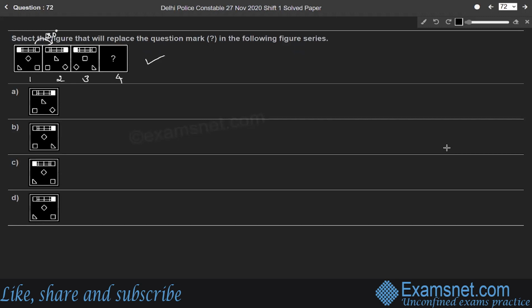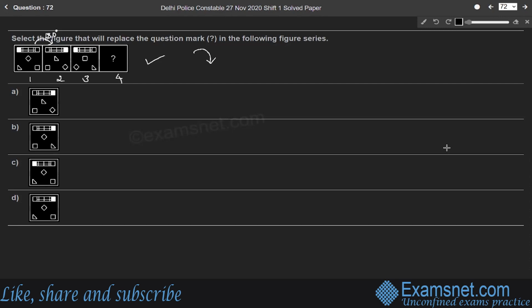So look at the other small images. Here is a diamond. The small images are rotating in the clockwise direction. In the second figure, this diamond will come to the bottom right corner, and in the third figure, it will come to the bottom left corner.